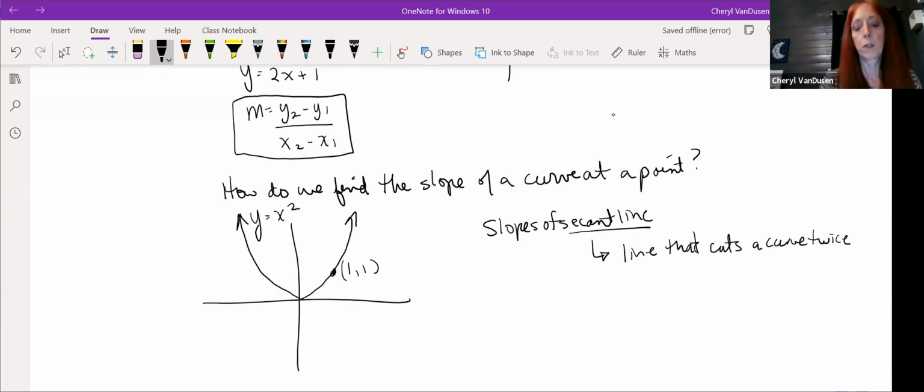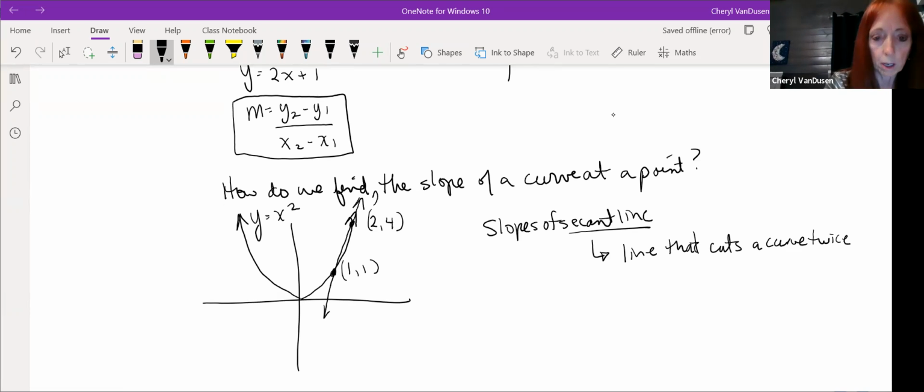So if we take this point right here, (1, 1), let's say I'm going to draw a secant line between (1, 1) and (2, 4). We'll see how good my drawing is here. We could find the slope of that secant line, and let's call that line 1.